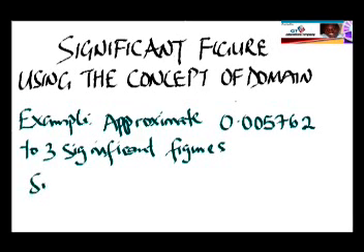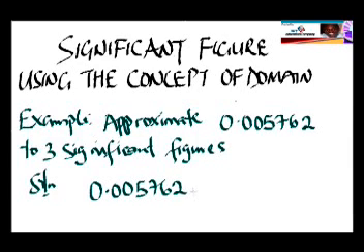My solution would be, first I'll bring the numbers out. 0.00, there's a point here, 5762, and these are my significant figures here where I have my domain.